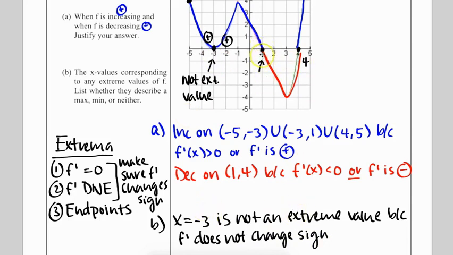If we look at x equals 1, I see that f prime to the left is positive, and to the right, f prime is negative. So that's telling me we had a positive slope, we got to x equals 1, and then we had a negative slope. So I know that x equals 1 is going to be a max.